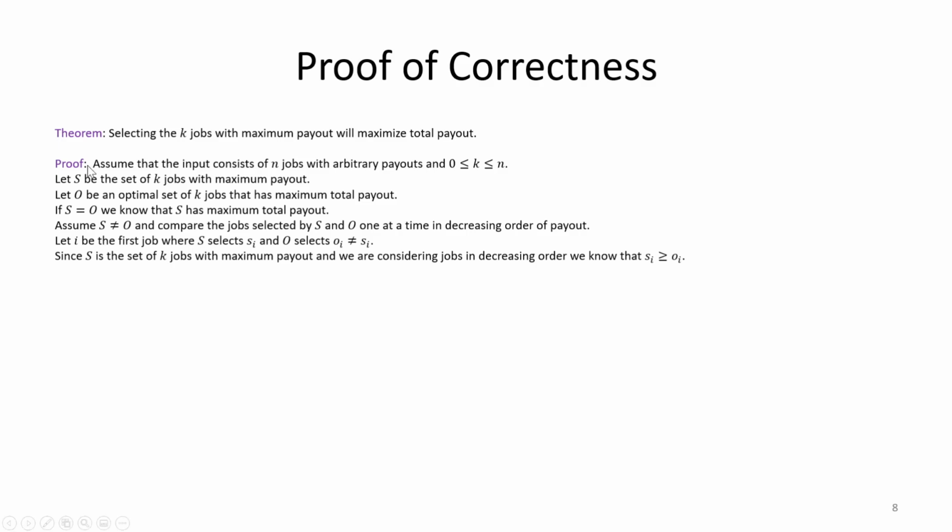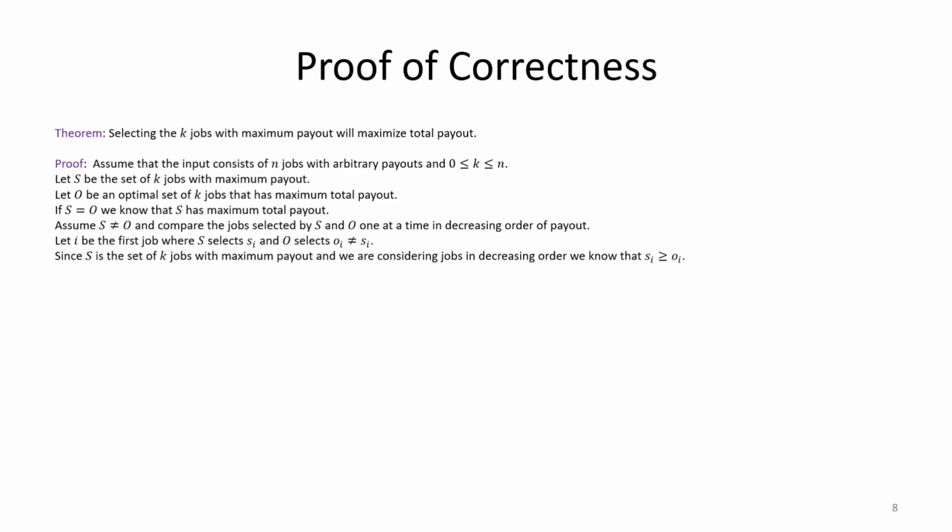Okay. The other thing we're noticing here, and this is getting back to this choice to put them in decreasing order of payout, since we're considering jobs in decreasing order of payout, we know that we have looked at the maximum job first and they agreed, or let's assume they agreed. And then we looked at the next one and maybe they agreed too. And eventually we got to job I and they disagreed. Well, we know at this point S is picking the maximum job it can.